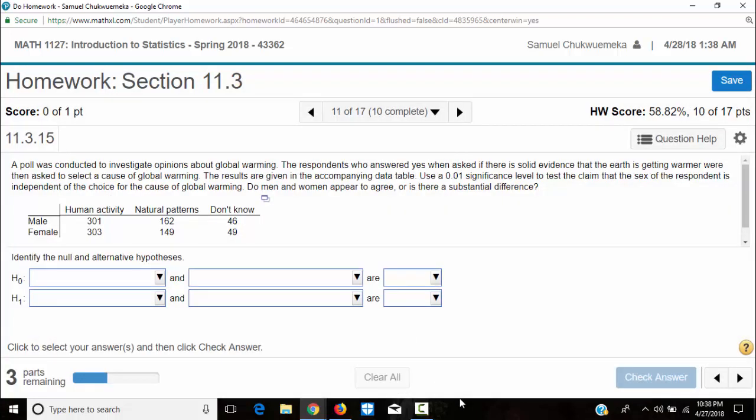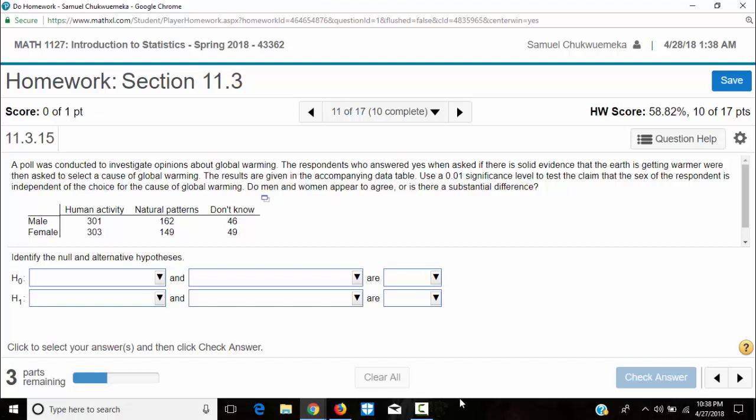Question 11. A poll was conducted to investigate opinions about global warming. The respondents who answered yes, when asked if there is solid evidence that the Earth is getting warmer, were then asked to select a cause of global warming. The results are given in the data table.